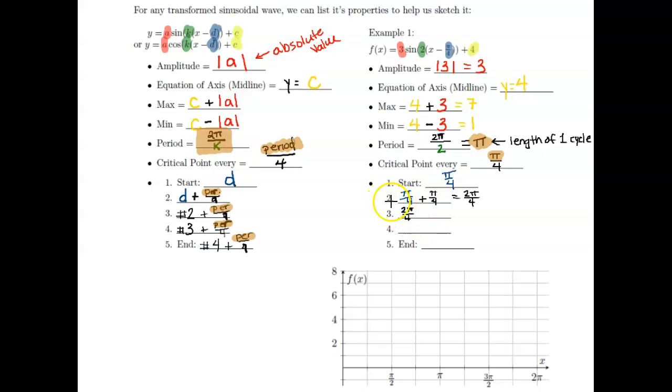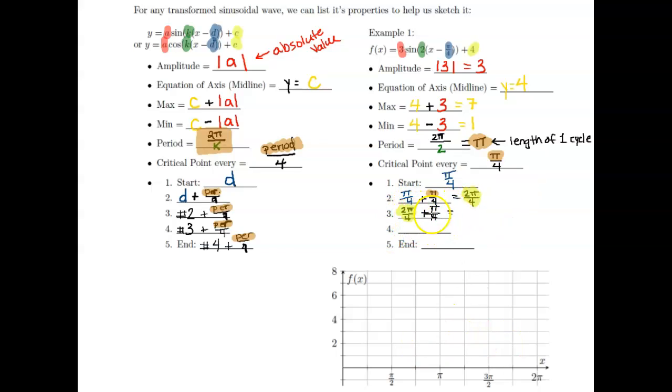So I take whatever I got for number 2, this value right there, and I put it here for next and add another pi over 4. Okay, so this is the process to find the x value of every critical point. And the reason I didn't reduce it is because I need to have the same denominators to add them. I will reduce when I plot, but we'll do this for now.